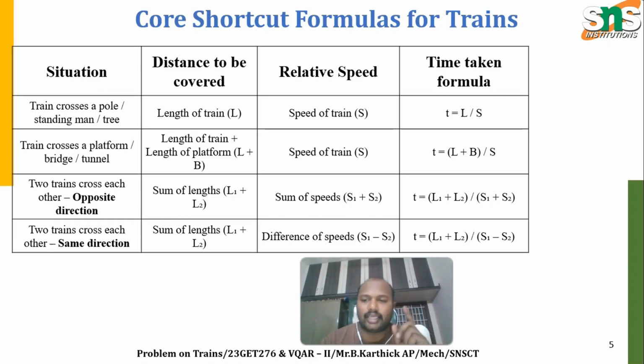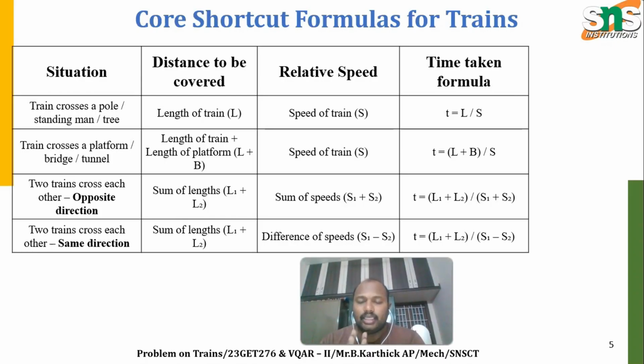Taking the next situation, the train crosses a platform, a bridge or a tunnel. Here the platform, bridge or tunnel has some distance. For example, the platform may be around 600 meters, the bridge around 500 meters, or the tunnel a 3 or 4 kilometer tunnel.